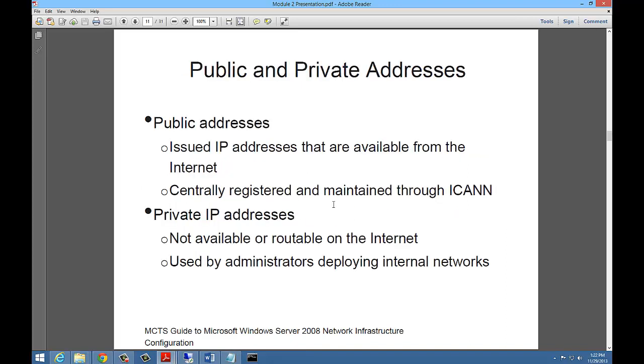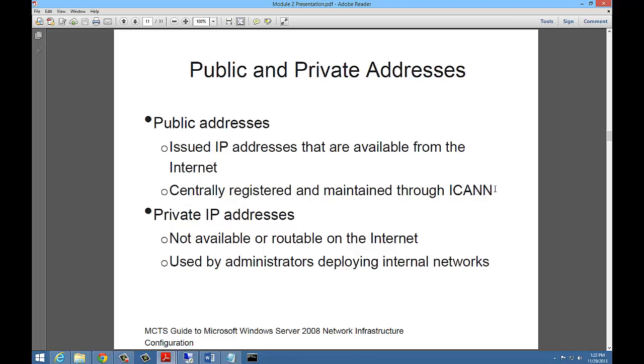Public addresses are issued addresses that are available from the internet. When you sign up for an internet service provider, they will give you either a dynamic address, which could change whenever necessary, or a static address, which is always the same, such as used on websites. You don't want that website IP address to change all the time, or nobody can find you. They are centrally registered and maintained through ICANN.